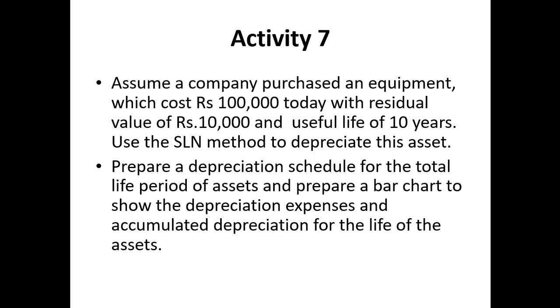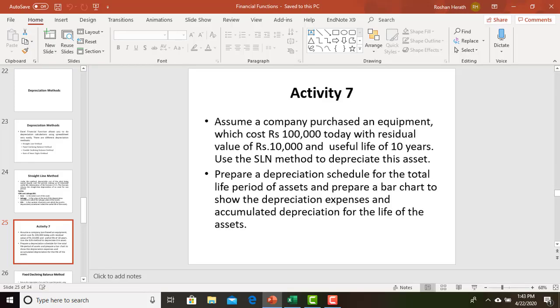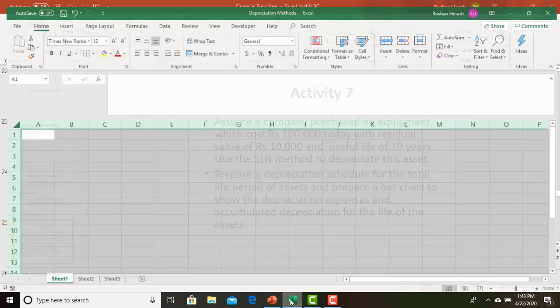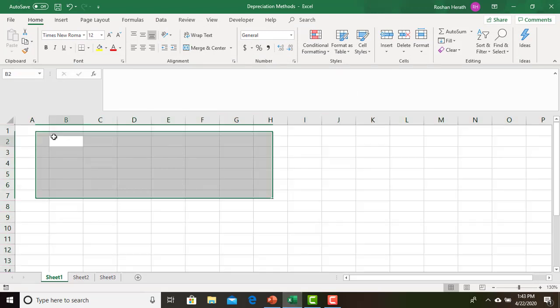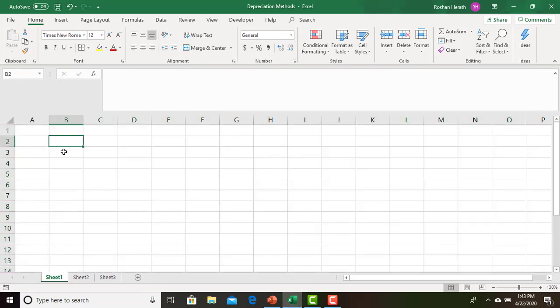Now let's move on to an Excel sheet and let's work out this particular question. So first, as usual, when you are going to develop a model, you start with the input. So the first input is the cost. The cost is given, that was 100,000.